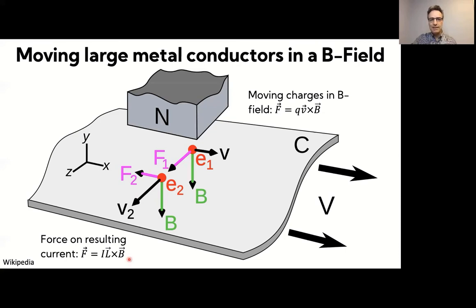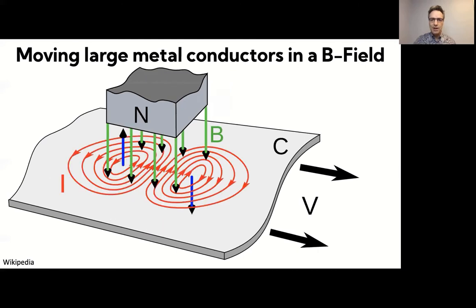And so that's how you can see that there must be a force opposing that motion, and this is simply from the point of view of the forces and the resulting motion of the charges in that conductive material. You can also look at it from the point of view, of course, of Faraday's law and Lenz's law.